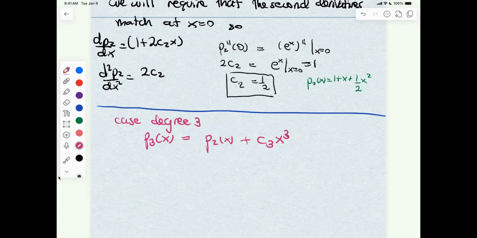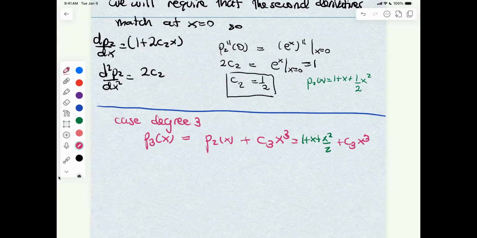So we already have the degree 2 polynomial. That is 1 plus x squared over 2. And now we're just trying to figure out what this new constant should be. And the condition would be that the third derivative of this polynomial will match the third derivative of the function.